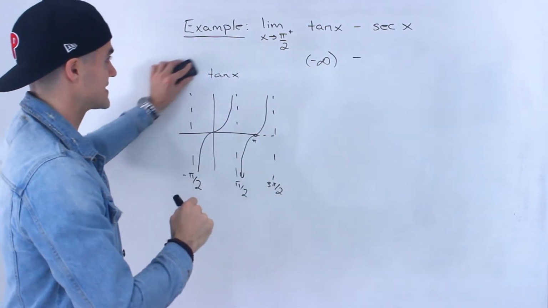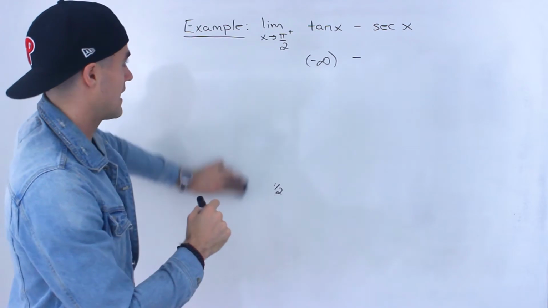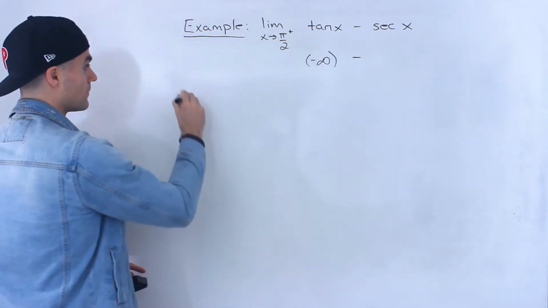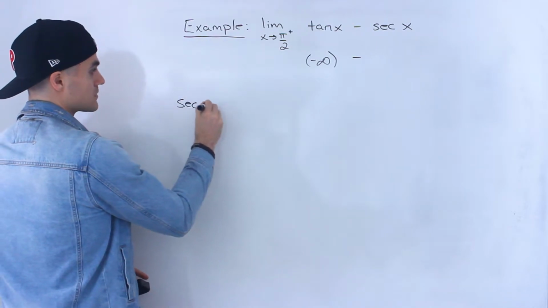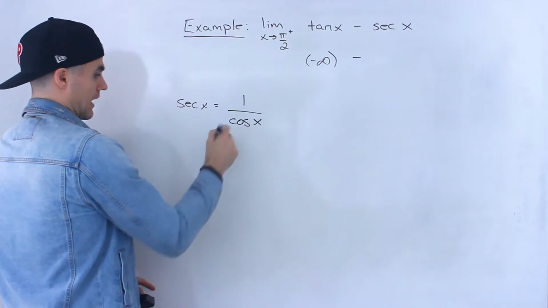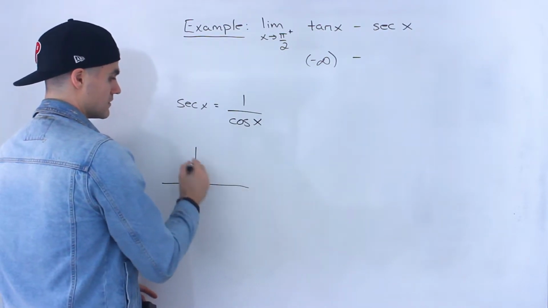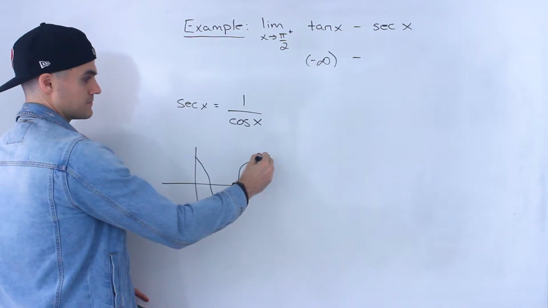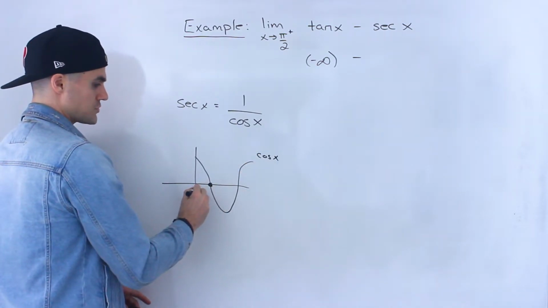Now what's happening with secant x as x goes towards pi over 2 from the positive side? Well, secant x we can rewrite as 1 over cos x, and then cos x looks like that. This is cos x here, and pi over 2 is right over here.